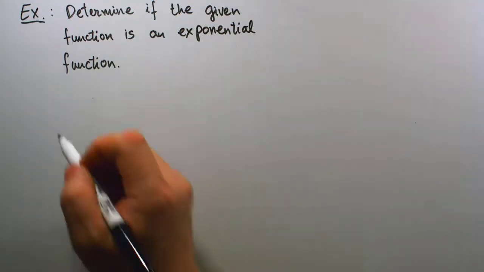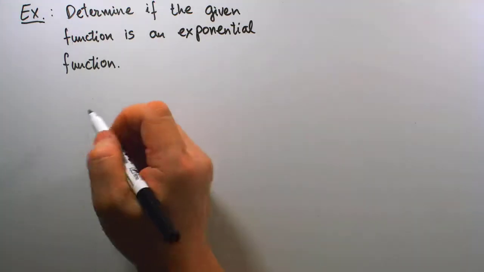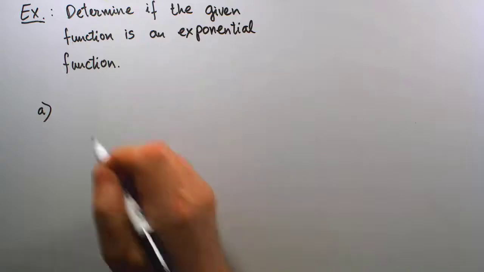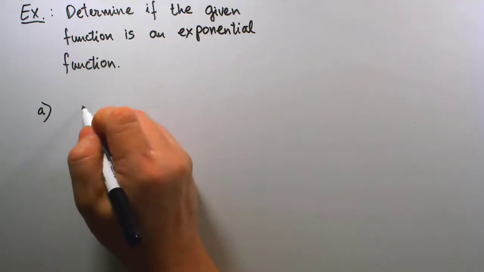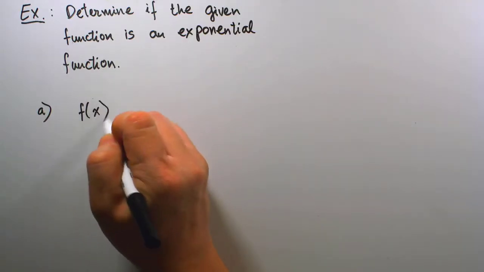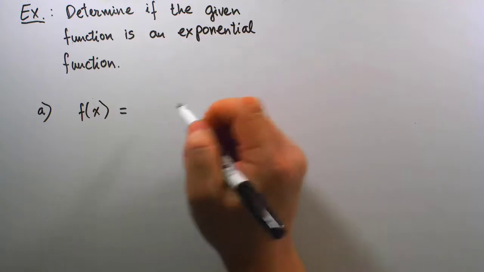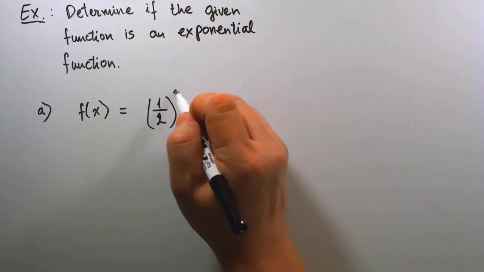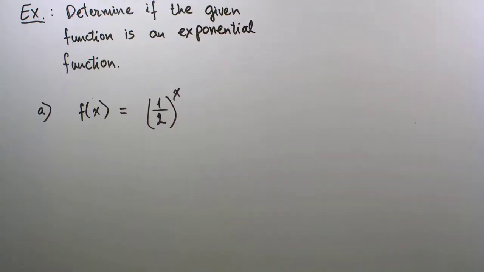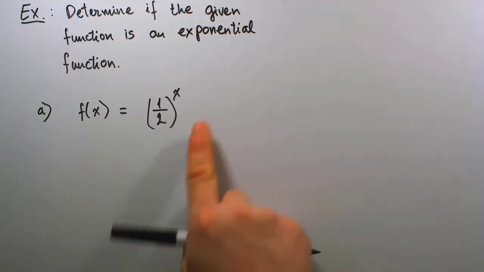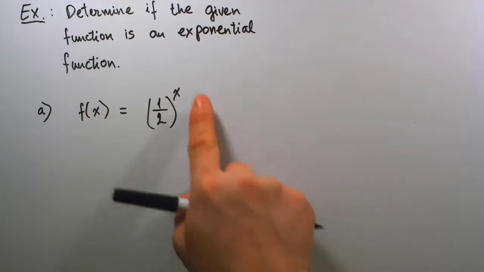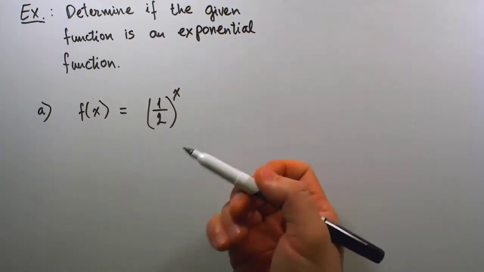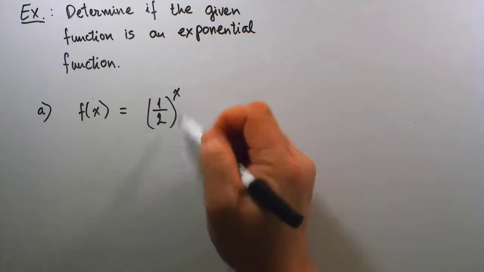And so I can come up with part A of this current example, a function f of x to be 1/2 in parentheses raised to the x. So we want to find out if this function can qualify to be an exponential function. So all I need to do is look at the base here.